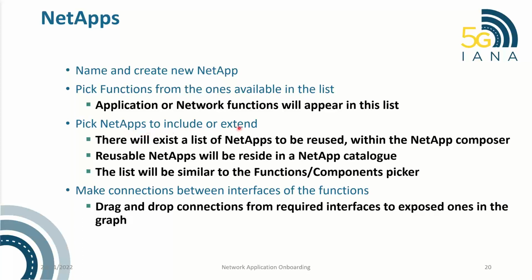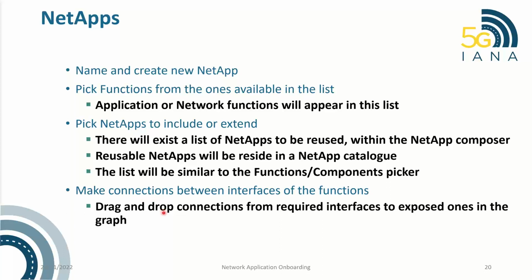We can pick NetApps to include or extend. That means that we want to add also a list of pre-existing NetApps. So if we want to edit a NetApp, or take the components of the NetApp and then add new components, creating a new NetApp or an updated NetApp, this should also be possible here.